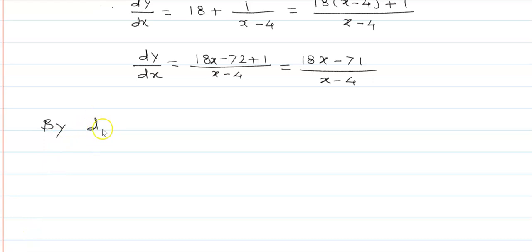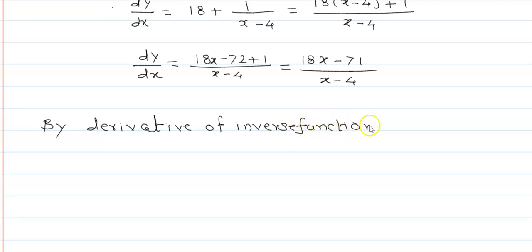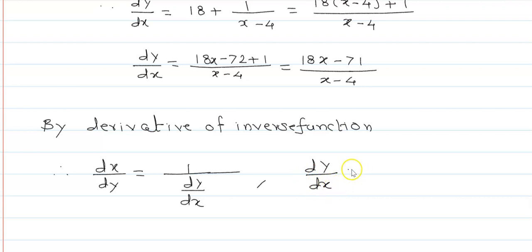Again, by the definition of the derivative of the inverse function, dx upon dy is equal to 1 upon dy by dx, where dy by dx is not equal to 0.